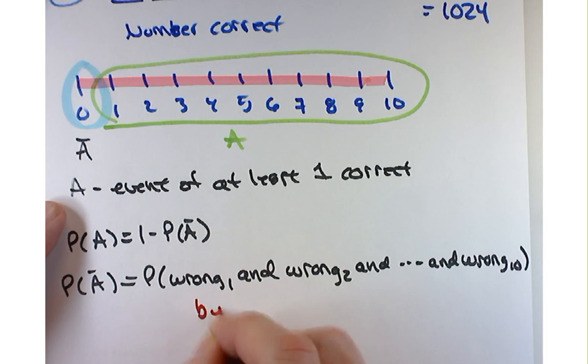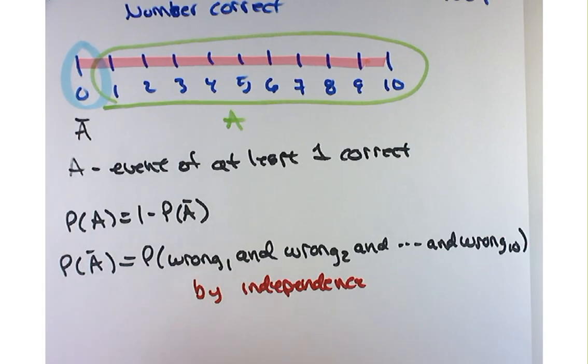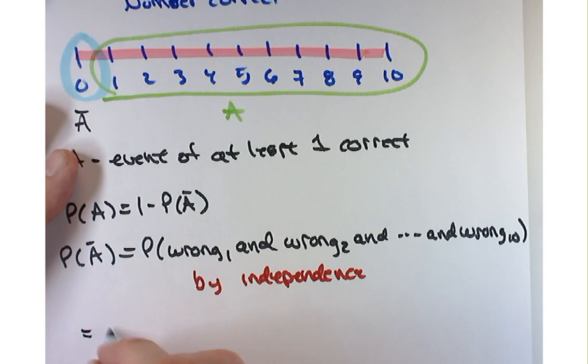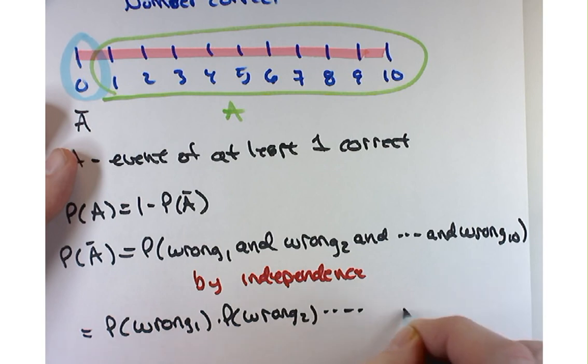So by independence, here's what's going to happen. This is going to be the probability that you get the first one wrong times the probability you get the second one wrong, all the way down to the probability you get the 10th one wrong.